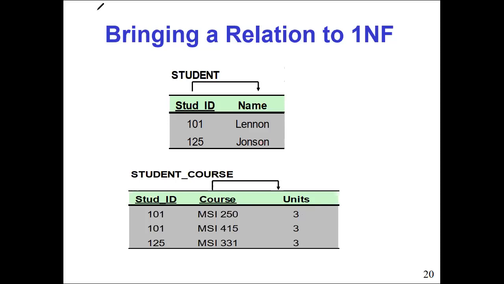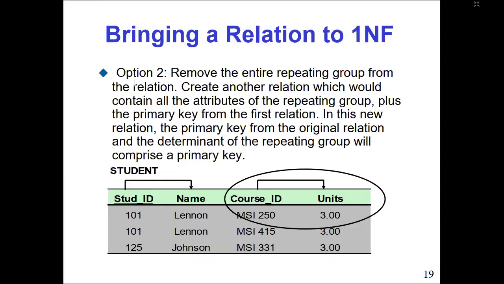While you are breaking, you have to remove the entire repeating group from the relation. You are removing this part, course ID and unit and the other part, because this is a repeating group. Because of the course ID only, the records are being repeated.